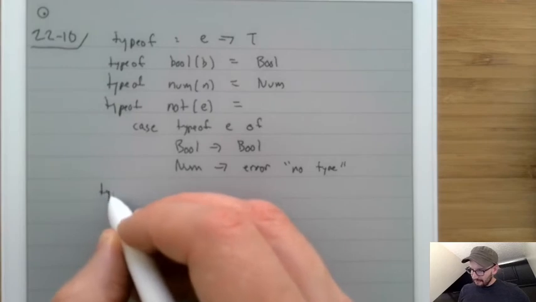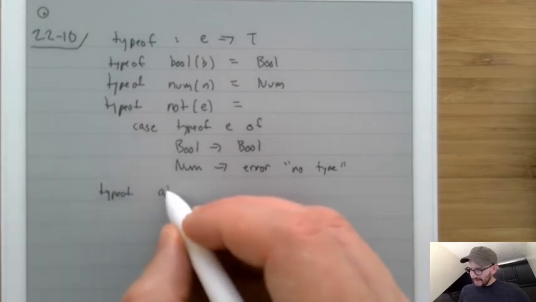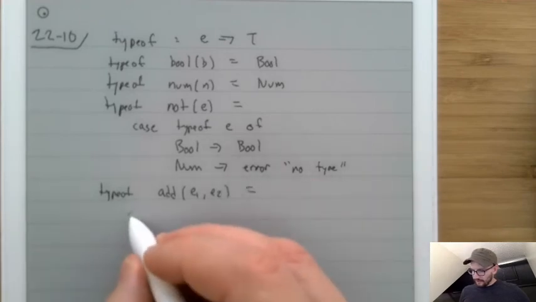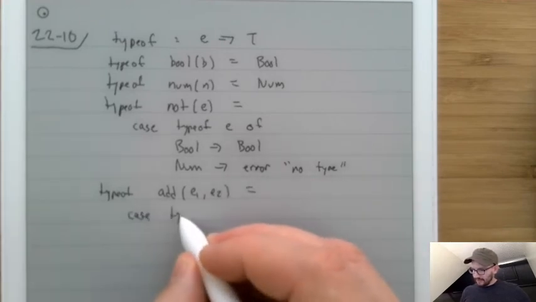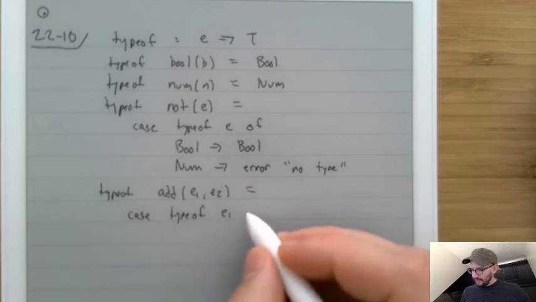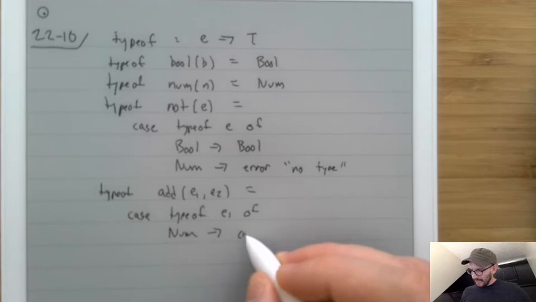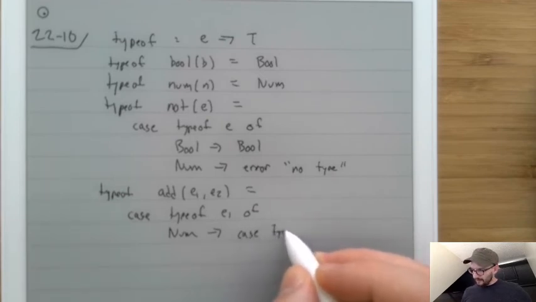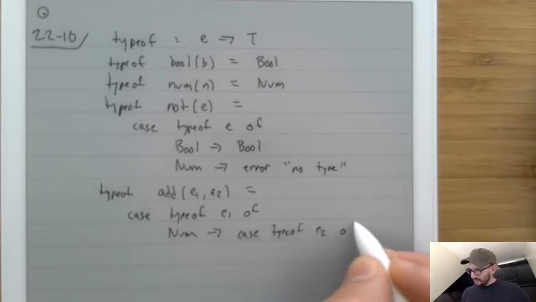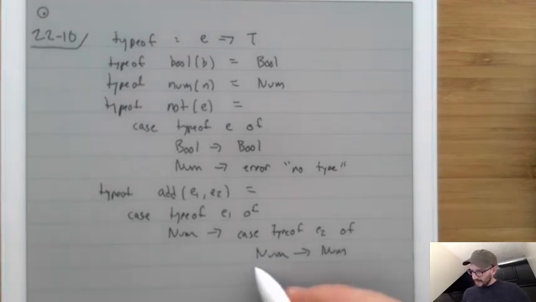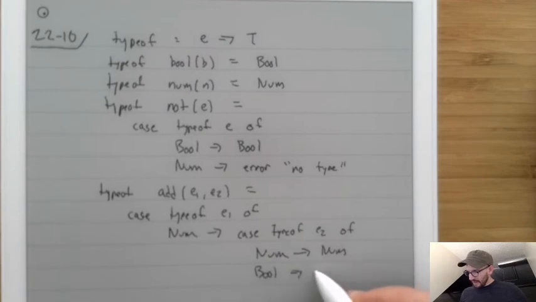Then we can say typeOf add e1, e2. What we're going to do there is we're going to say case typeOf e1 of number goes to case typeOf e2 of number, and this returns number. If it's a bool, then we'll error. And then if this is a bool, then we'll error.